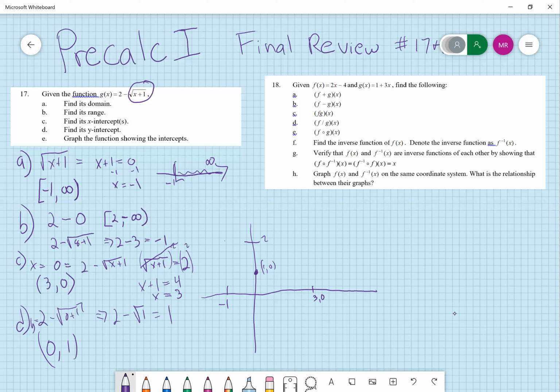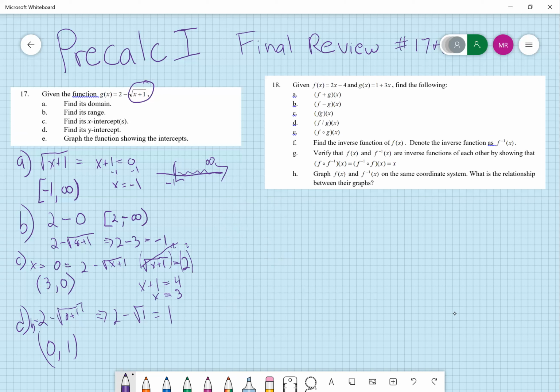So we know it's going to start here, and then it goes down. Let's draw that a little bit better. Down to negative infinity. And that's how we graph that. So those are the steps for finding the domain, range, the x and y intercepts, and then using that to graph it. Now we're going to need a little space for this next problem, so let's clear it up a bit.